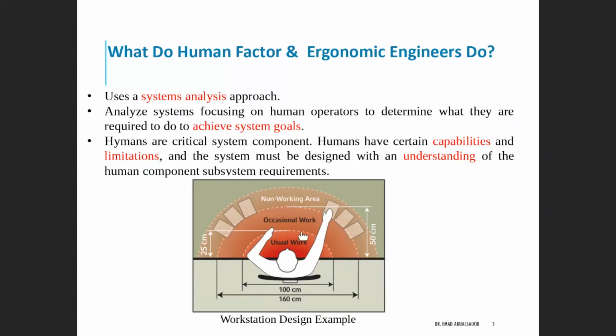لهذا العمل. Usual work, العمل الدائمي اللي أنا أحتاج أشتغل عليه, you have it in this zone within 25 centimeters close, so the hand movement will be close and that will reduce the fatigue over the time, يعني الإجهاد والتعب مع تكرار العمل, especially if we are repeating this work, it's a repetitive work.